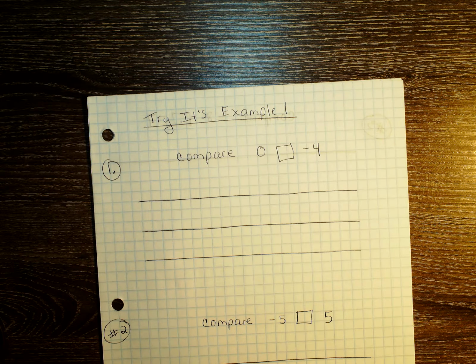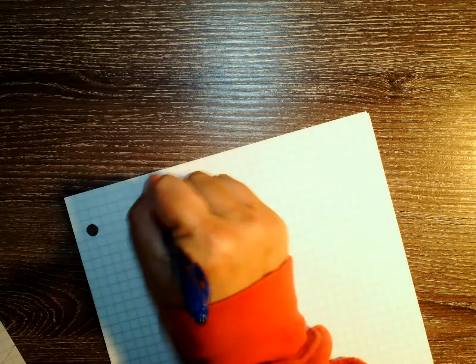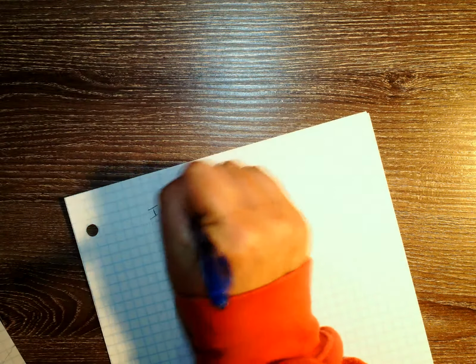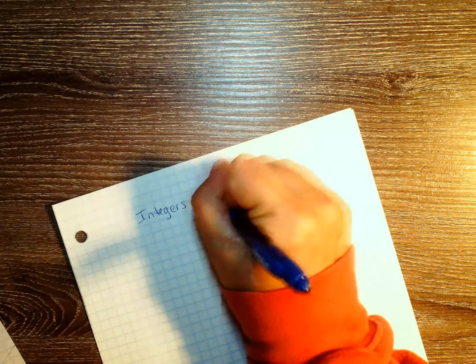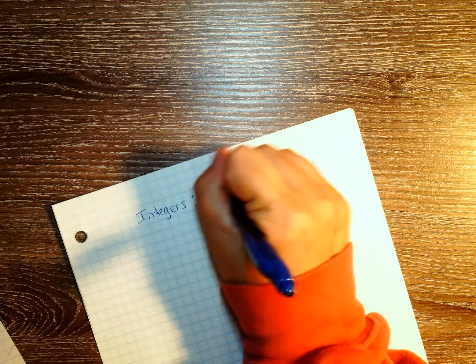Okay, so for try-its number 1, 2, and 3, for example 1, we're talking about comparing two integers. And just so you're aware of what integers are, integers are all whole numbers, positive whole numbers, I should say.